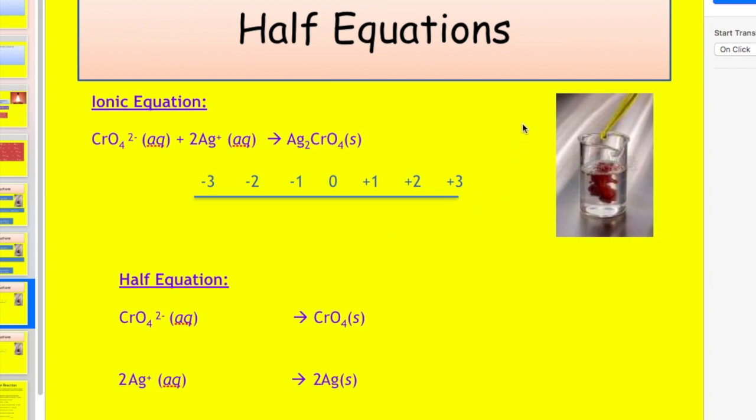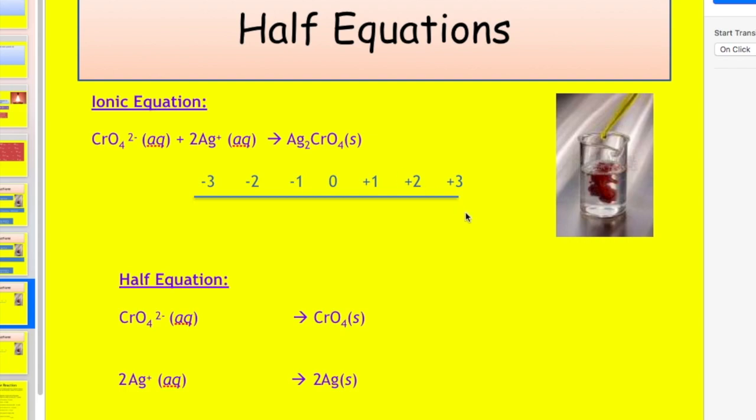Okay, so let's think about that full equation and think how we could split that into a half equation. Let's look at chromate in aqueous solution going to chromate in solid there. That's going to be one half equation. And then silver in aqueous solution is going to go to silver as a solid.